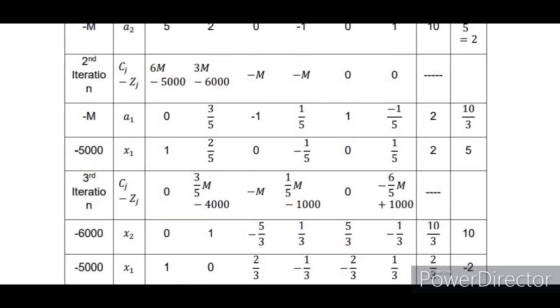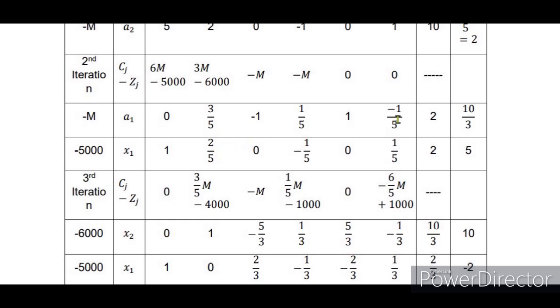Okay, so to compute the theta, we go to the second iteration. So the intersection, or the highest value of cj minus zj here, is 3/5 m minus 4,000. So we will divide the value of RHS here by the elements under this column of the highest value of cj minus zj.